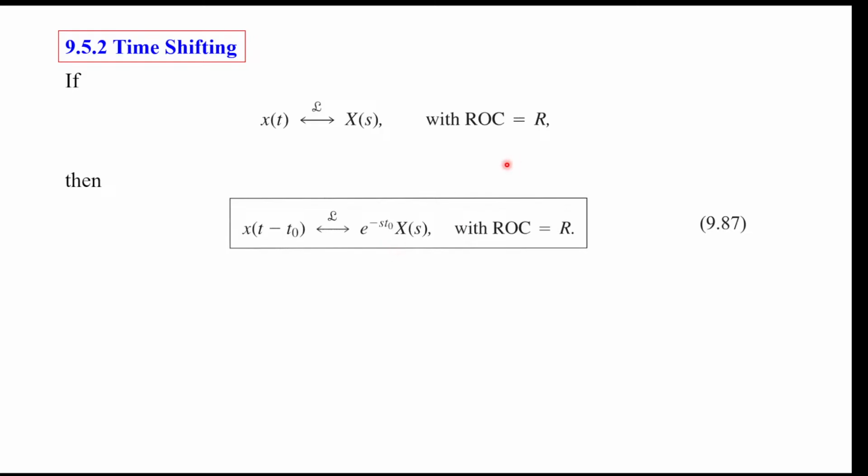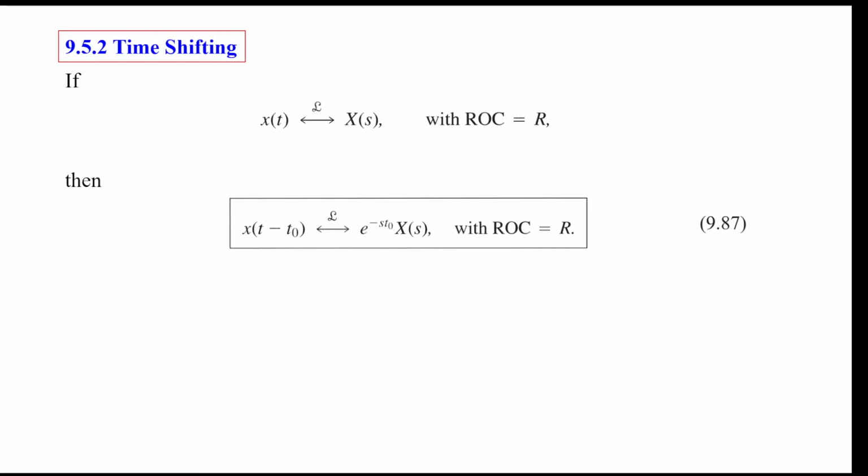And the ROC of this doesn't change, and it kind of makes sense because this exponential term, this e to the minus s t0 term, will not create or cancel any poles, so the ROC will not change. Okay, so this is a really simple one, and we also see that this is a complex extension of the time domain case.